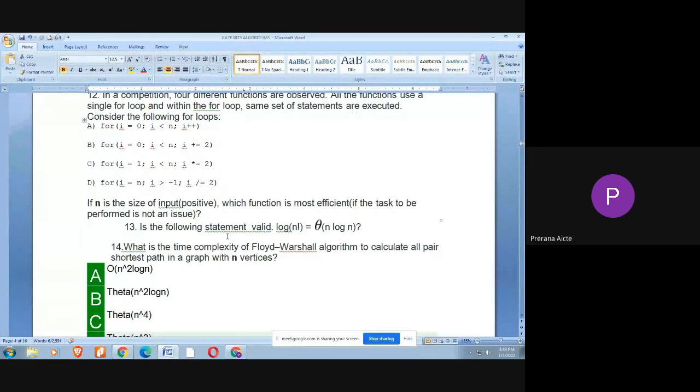So for large values of n, log n factorial is equal to n log n. So we can say that the statement is true.